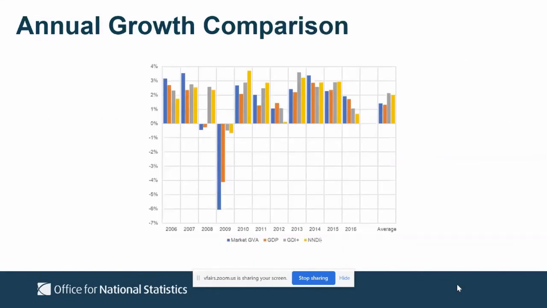So just to bring this together, I'm going to focus on this average on the right-hand side that shows that for the measures that we've been able to produce, relative to growth rates of around, say, 1.5% on average over this period for the measures that you will find in the Blue Book, we're averaging more at about 2%.